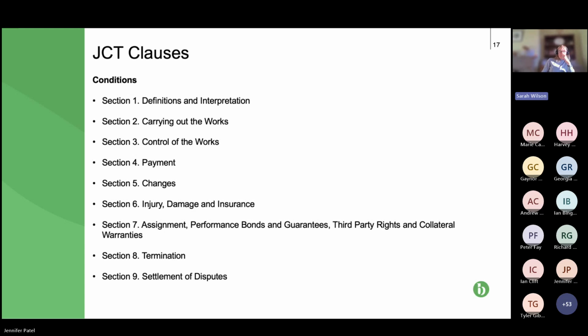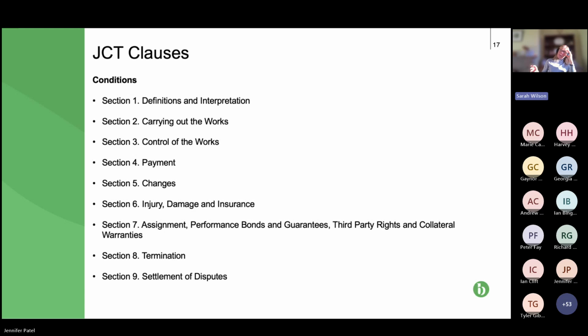So there is a logic there. Section 6, insurance, we saw that with NEC. 7 is an extra, so that's about performance bonds, guarantees, third-party rights, collateral warranties, etc. They are all in our optional X clauses in NEC. We've got our termination clause, and then finally we've got settlement of disputes.